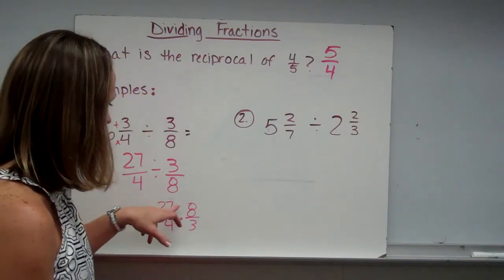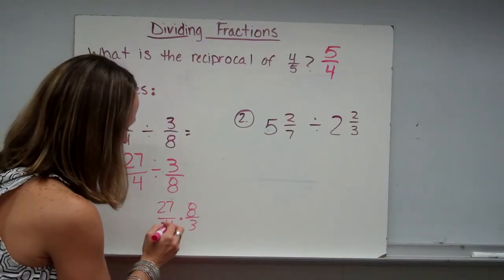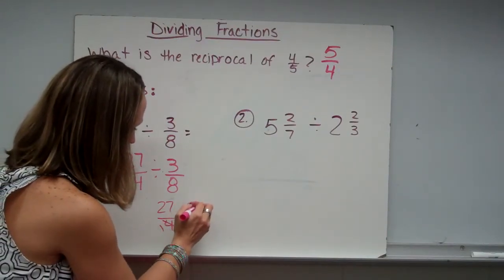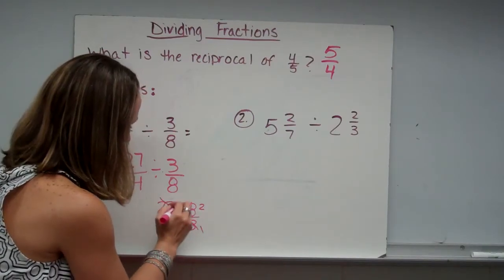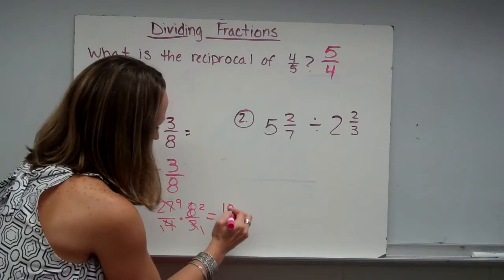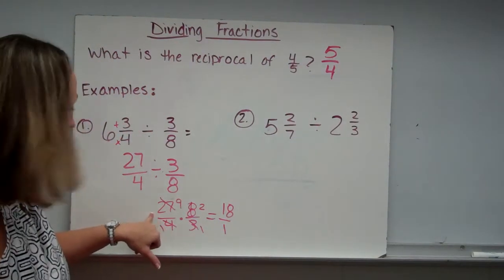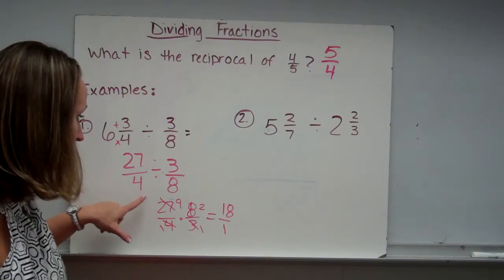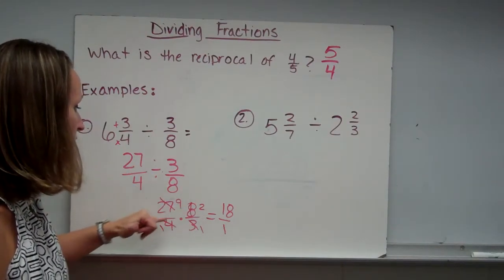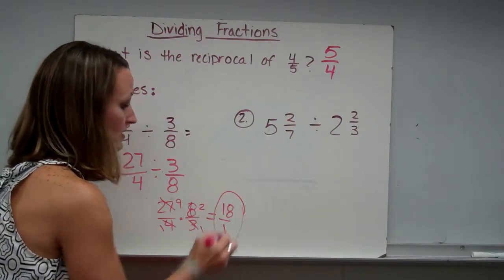I don't want to multiply 27 times 8, but that's okay because I can cross simplify. This will become 1, this will become 2. This will become 1, this will become 9. That's a whole lot easier. 18/1. If you did not see that cross simplification, that's fine. You just multiplied 9 times 8, 4 times 3, and got something, but when you simplify, you better get this.